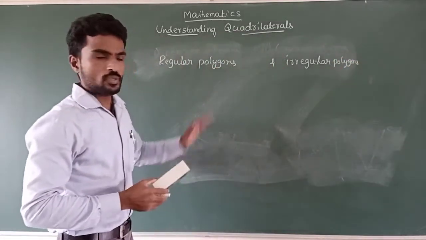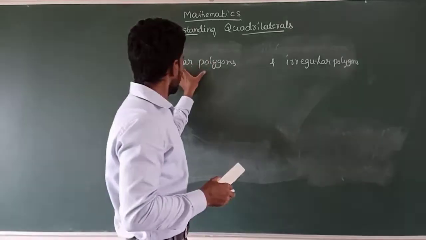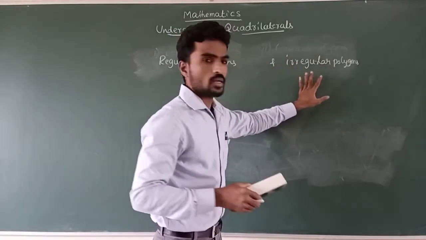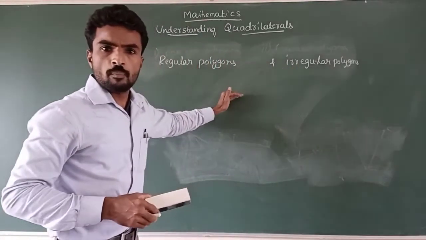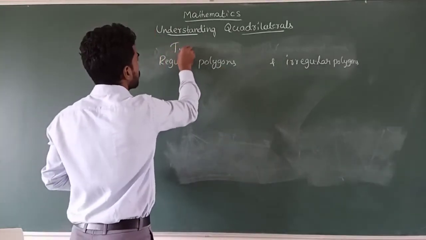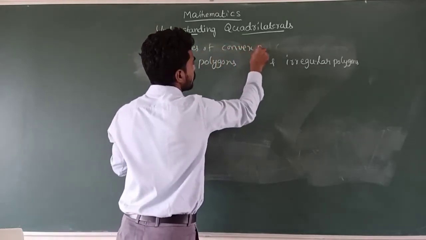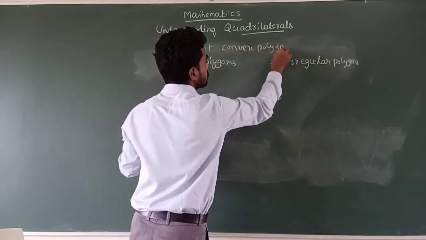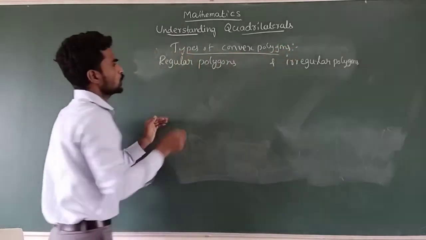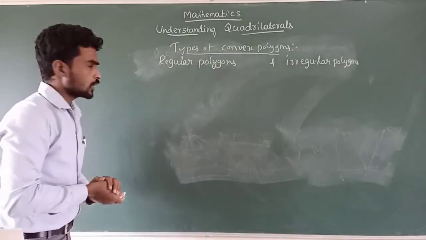Just observe these two. These regular and irregular polygons are the types of convex polygons. There are two types. One is regular polygons, another one is irregular polygons.